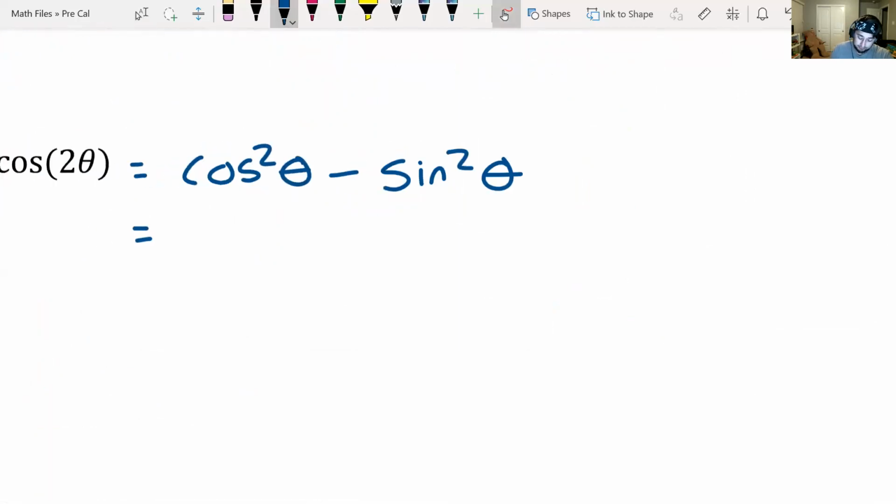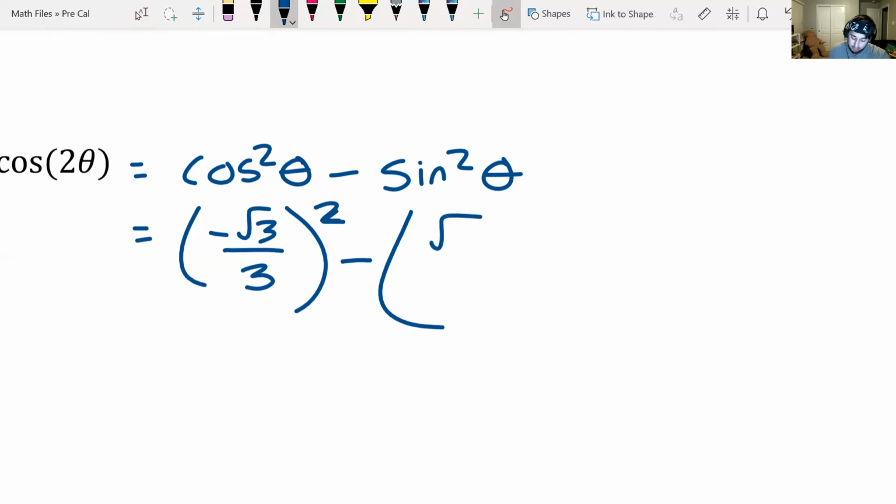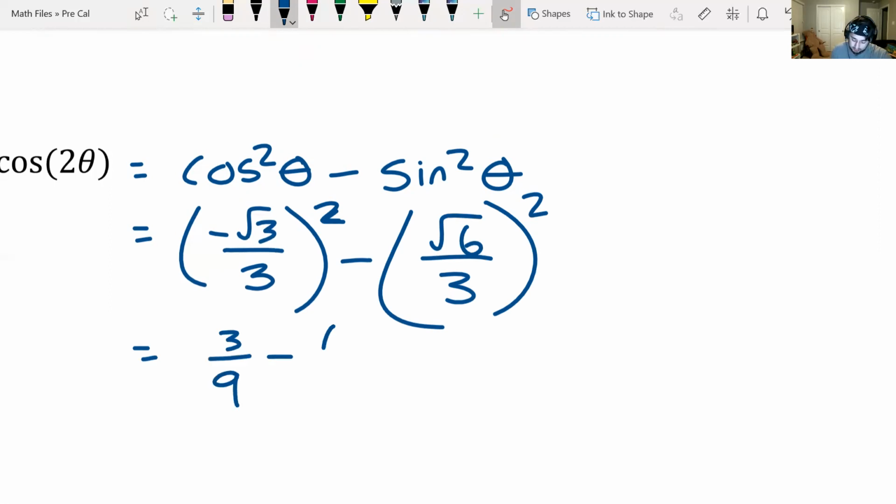So that becomes negative square root 3 over 3 squared, minus, and sine squared is the same from above, square root of 6 over 3 squared. Okay. Clean it up. That becomes 3/9 minus 6/9. Positive 3/9 minus 6/9. That gives me negative 3/9, which is negative 1/3.